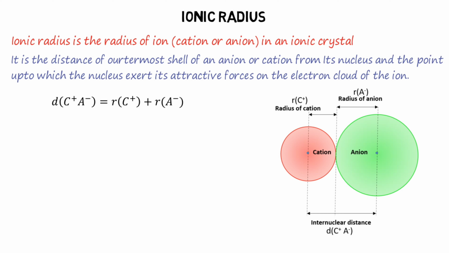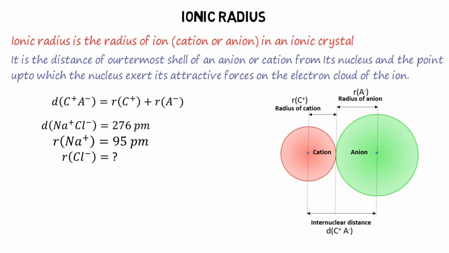To better understand, let us take an example. If the internuclear distance between sodium ion and chloride ion is 276 picometer, and the radius of cation is 95 picometer, then what would be the ionic radius of chloride ion? We apply the above equation to sodium chloride.